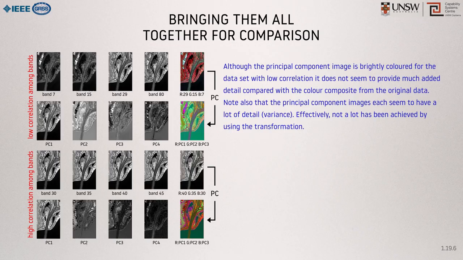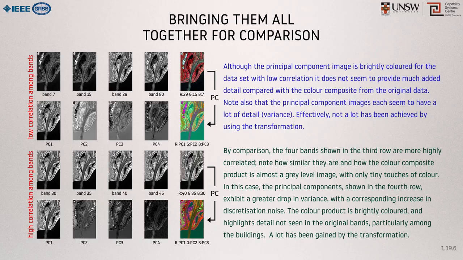There will always be some visual effect, unless there is absolutely no correlation in the original data. But in general, the more correlation there is among the original bands, the greater will be the effect of principal components analysis. This can definitely be seen in the second example. Computing PCs gives a much better colour result, for example, than with the original data.